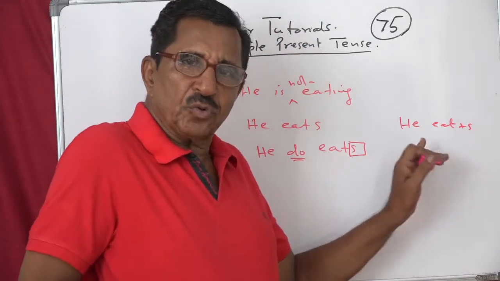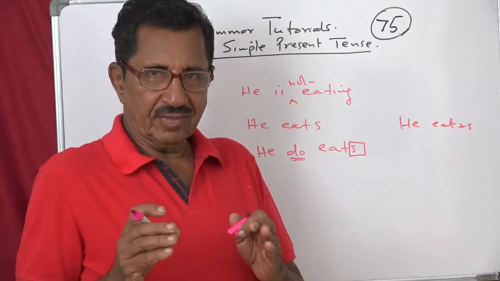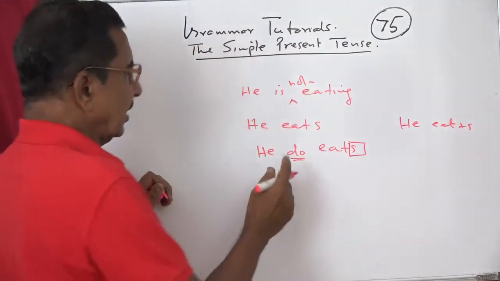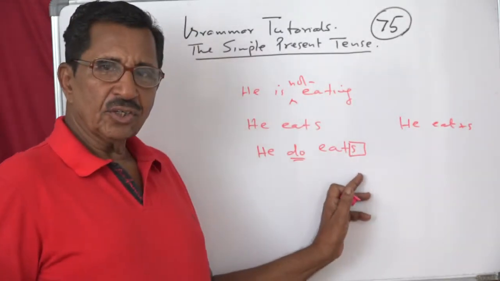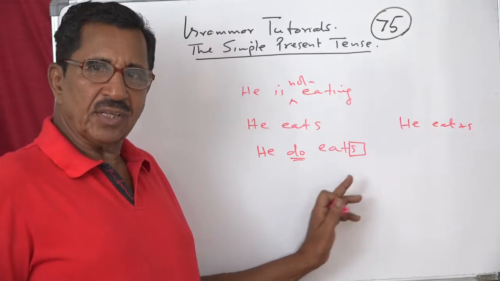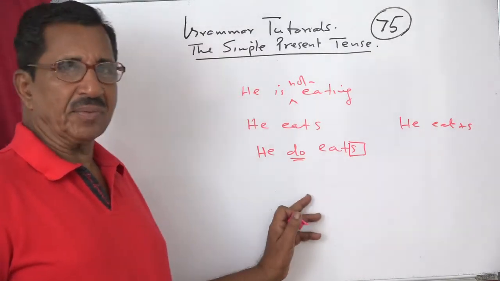If you find two members in the verb, that is, the verb becomes a verb phrase, as in this case, do eats, then the tense marker should be taken from the second member and added to the first member.